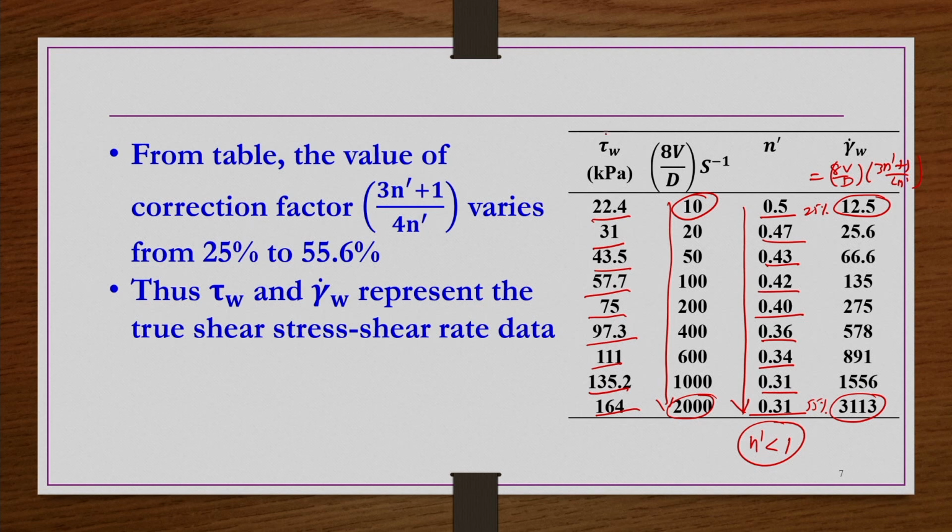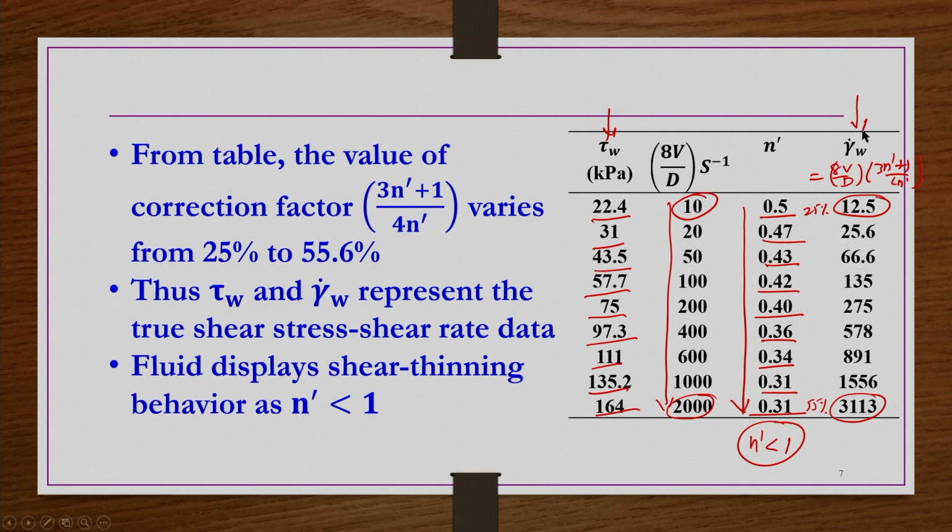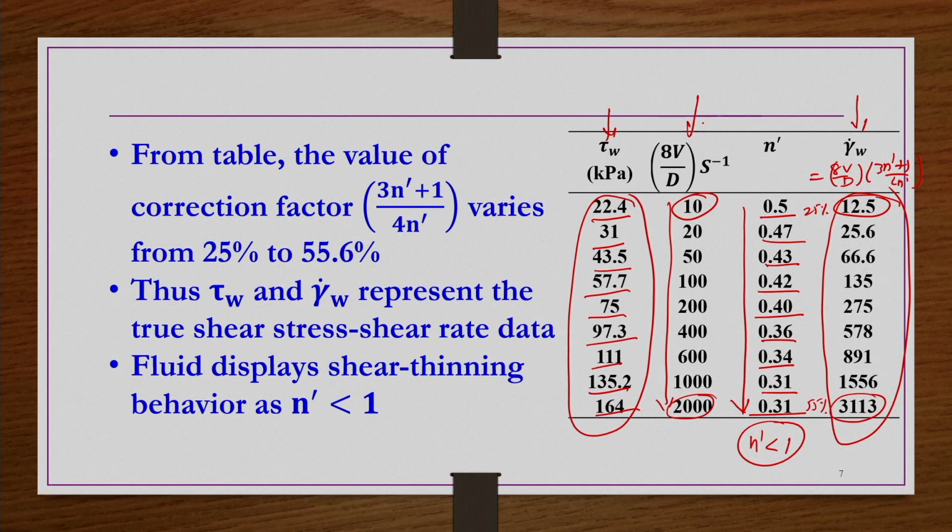So, now whatever this tau w versus gamma dot w information is there, that is the true shear rate versus true shear stress information. Whatever this 8V by D is there, it is nominal one, because n prime is not equal to 1 or even close to 1. It is very different from the value of 1. Okay. So, this is how you can analyze the information that you get from the capillary viscometers.